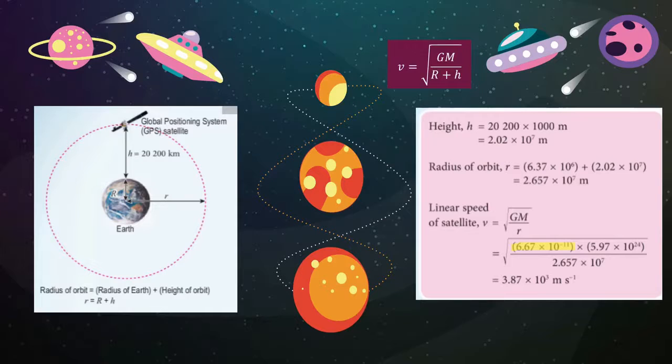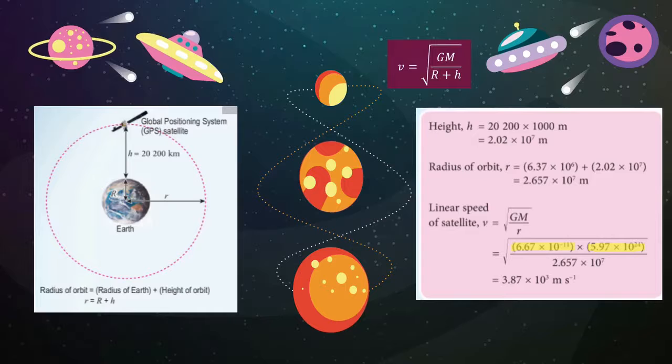Please take notes. And M, the mass of the Earth, is 5.97 times 10 power of 24.